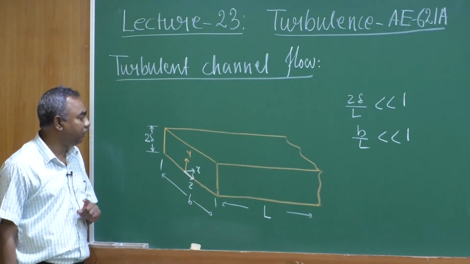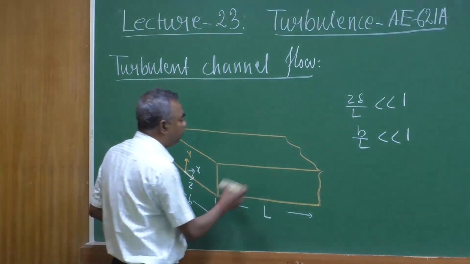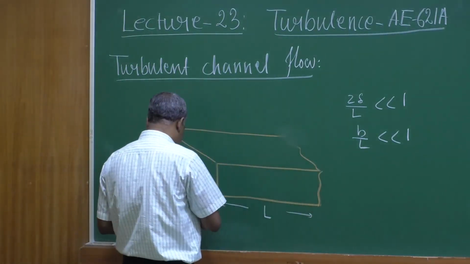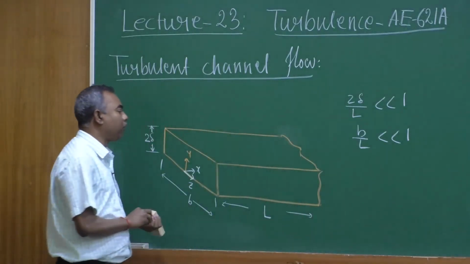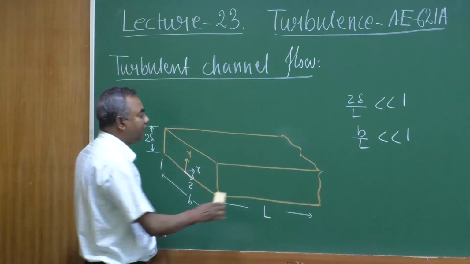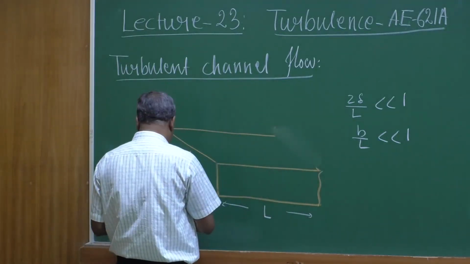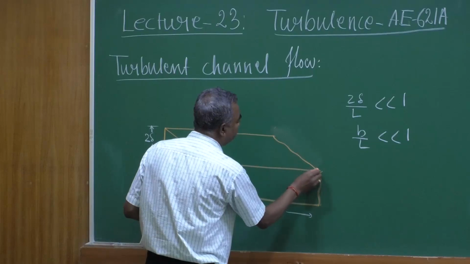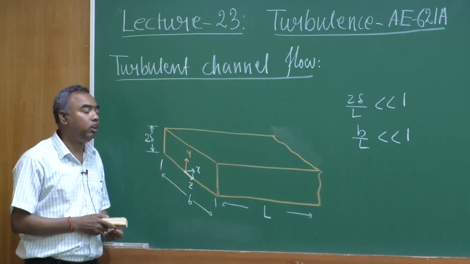This is one of the main differences that we have to keep in mind. Okay. And the central issues of these wall bounded turbulent flows, as I said, are basically the mean velocity profile and friction loss. Okay.